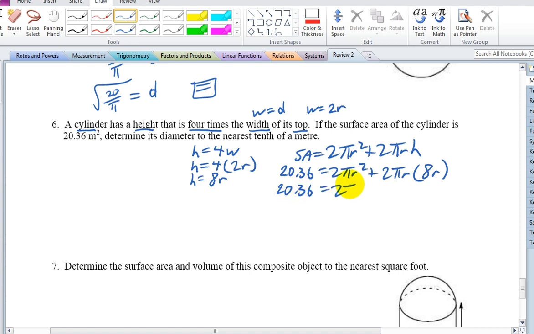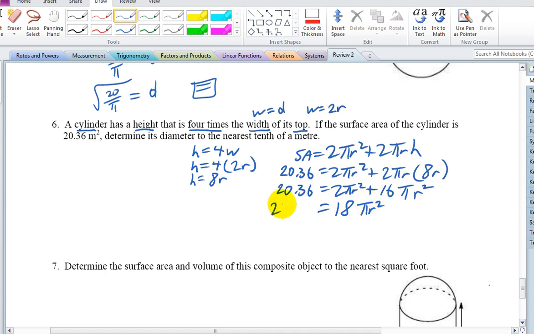20.36 equals 2 pi r squared plus, what's 2 times 8? 16. What's r times r? R squared. Now we have pi r squared and pi r squared. Only now that they're the same terms can we add 2 and 16.